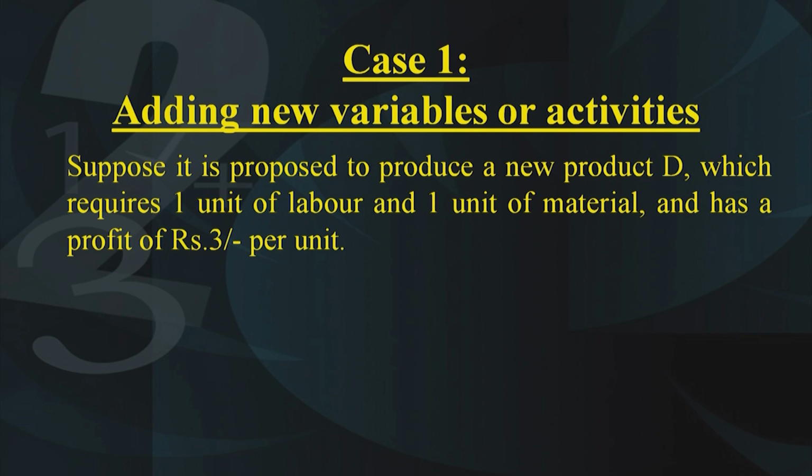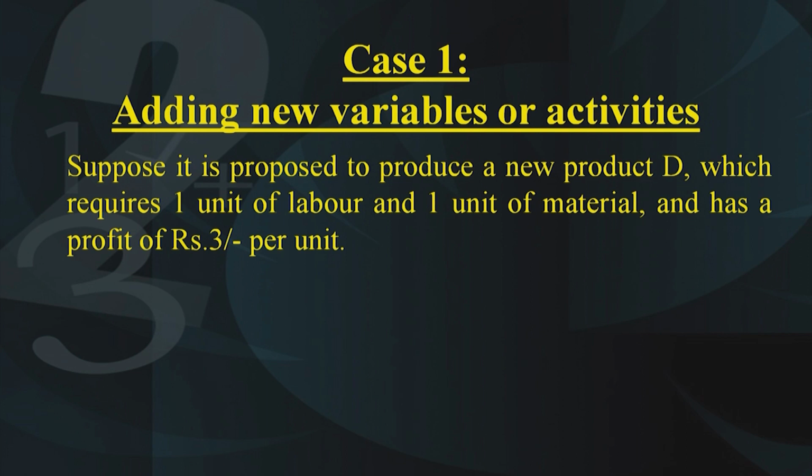In case number 1, we will talk about adding new variables or activities into the problem. What does this mean? Suppose in our given problem, it is proposed to produce a new product which we will call D, and it is given that this product D requires 1 unit of labor and 1 unit of material respectively, and has a profit of rupees 3 per unit.